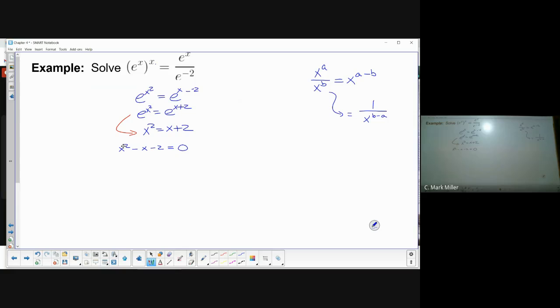You know 12 ways of solving a quadratic, right? This may factor: x plus 1, x minus 2. Foil that back out, make sure you have it right. I think we're okay. So this means that x plus 1 equals 0, or x minus 2 equals 0, x equals minus 1 or x equals 2.